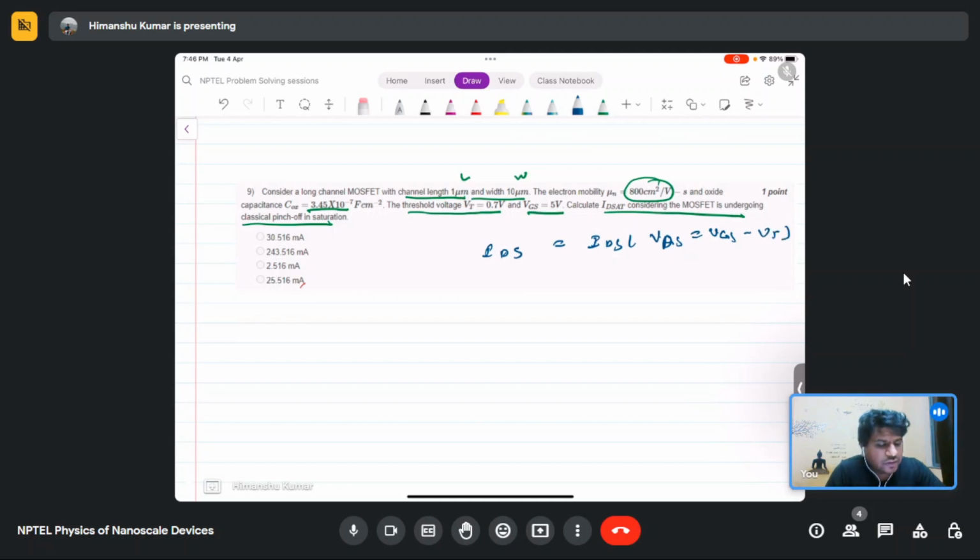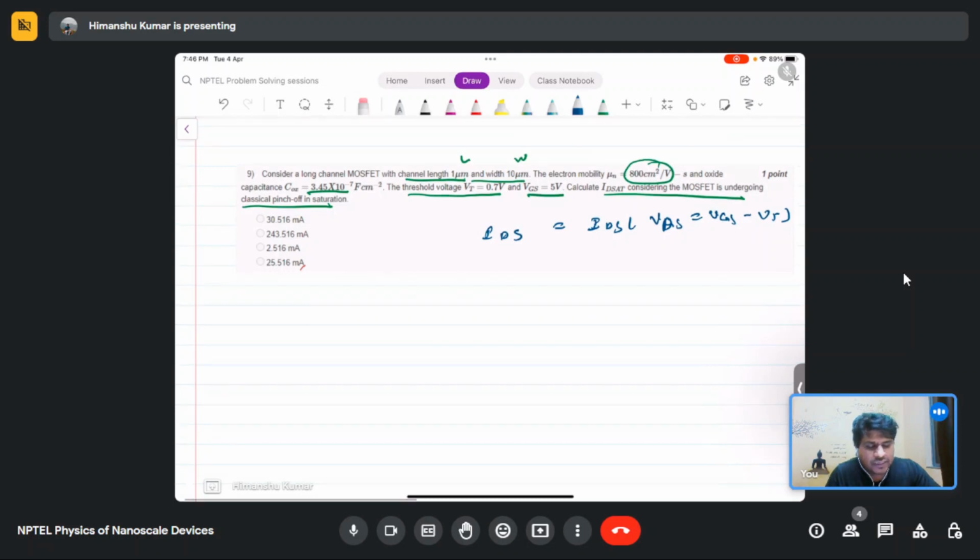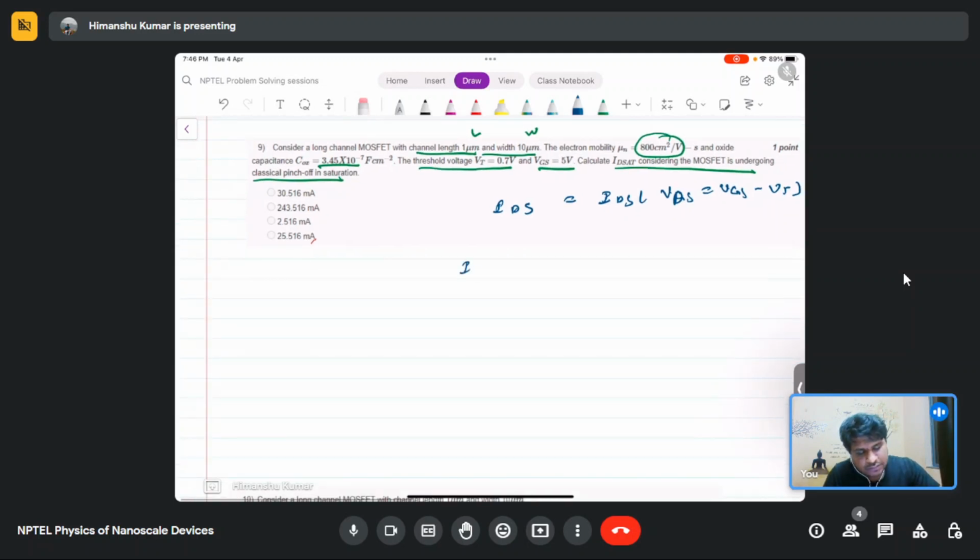This classical saturation, you must be very familiar with the current equation. It is equal to half of mu n Cox W by L times (VGS minus Vt) whole square.